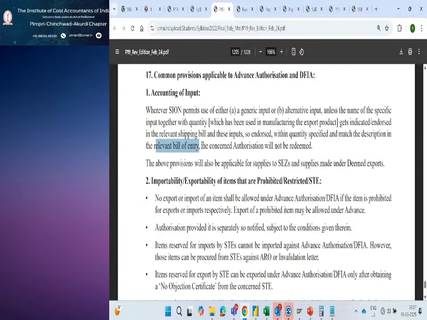For the same imported raw materials, we have applied for the advance authorization license and we have received that license. They match even the quantity and the description.